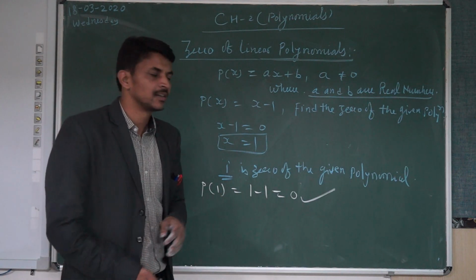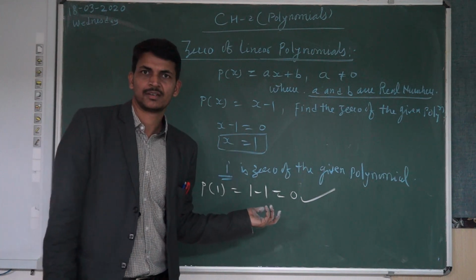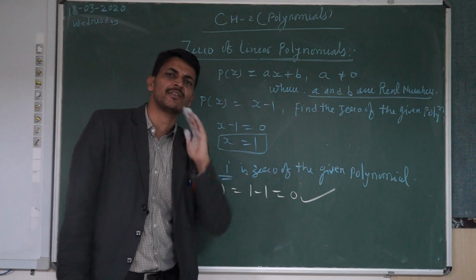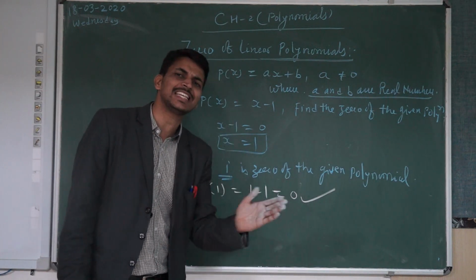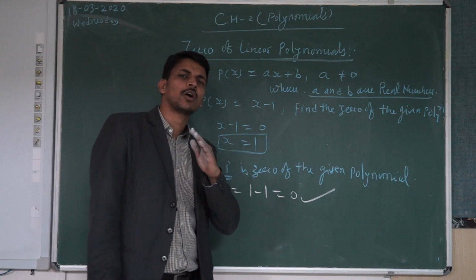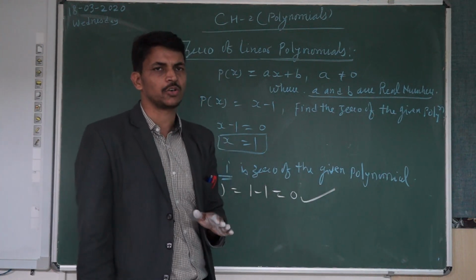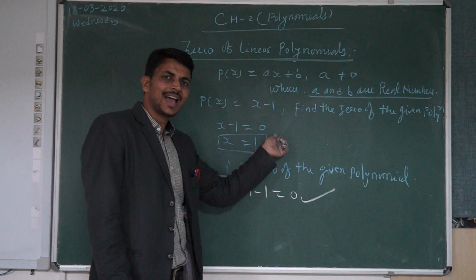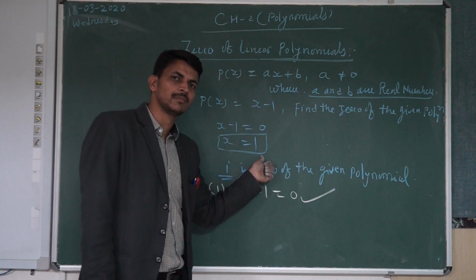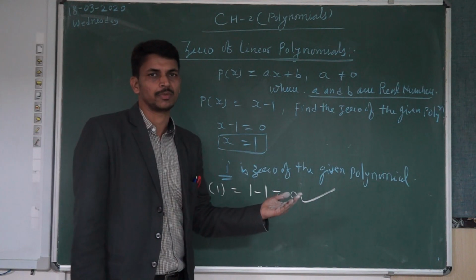The important thing here is how we calculated: we just equated the expression to 0. This is the first step whenever we need to find the zero of any type of polynomial, either linear, quadratic, cubic, or whatever type of polynomial is given to us: equate it to 0 and solve for x. Whatever value of x comes will be the zero of the given polynomial.